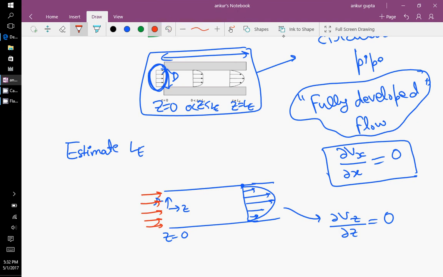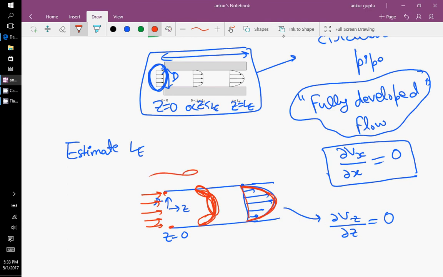And when it enters, because of the no slip condition, some fluid near the wall will have less velocity, and then the velocity profile will become like this, where in the middle you will have uniform velocity, and towards the end you will have the no slip condition, bringing in effects at different r. After some point, you will get a perfectly parabolic velocity profile, and then it no longer changes.